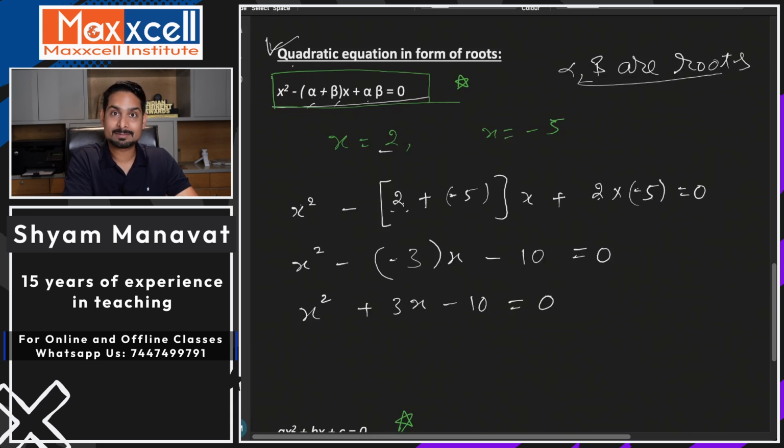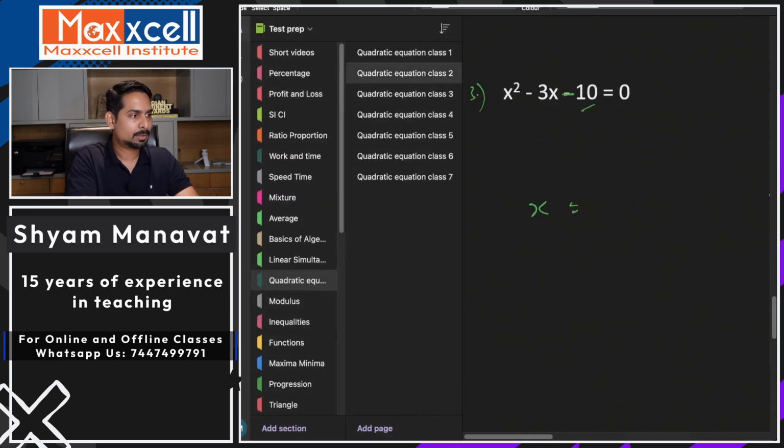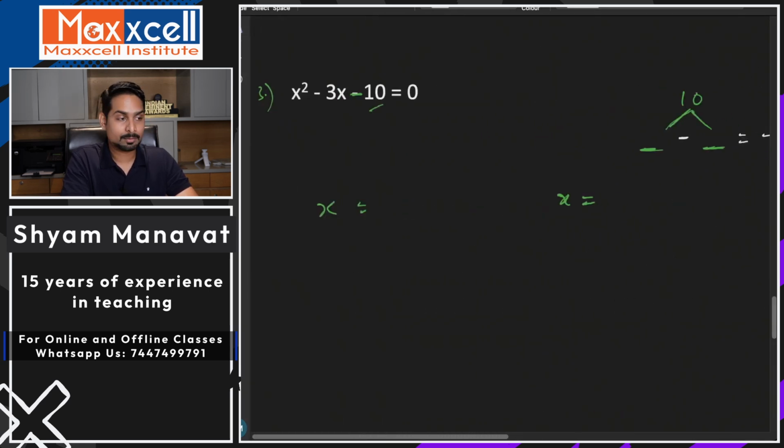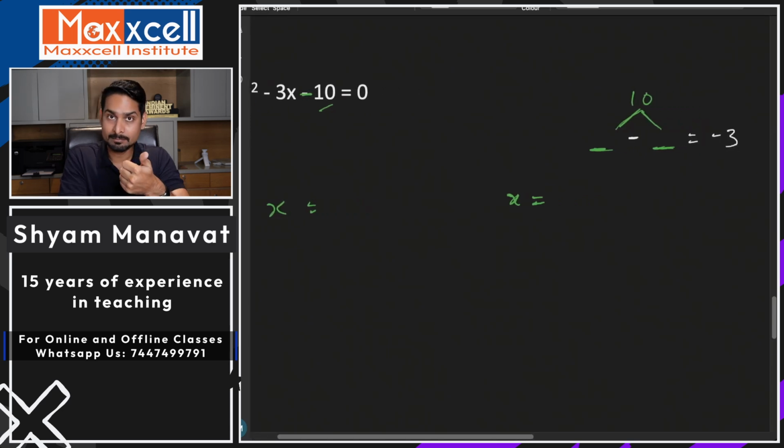So the constant term is nothing but the product of roots. If the product of roots is negative, that means definitely one number has to be positive and the second number has to be negative. If one number is positive and the second is negative, you will always do subtraction between them, right? Are you okay with this?